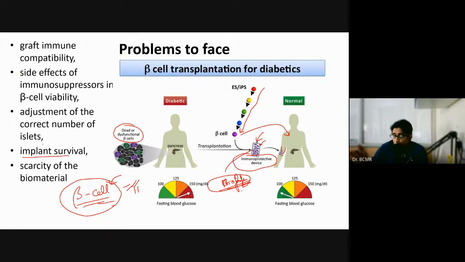And there are also non-cell based types, like insulin patches, injections, and many other things, but the timing is not very accurate, or the amount is not accurate, and there is always need for supervision. When a person has to do it on a daily basis, then it becomes a little bit troublesome.